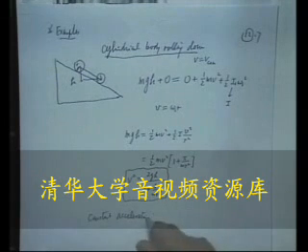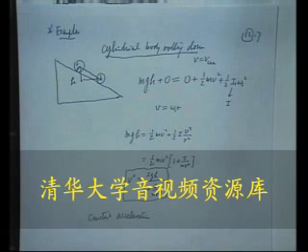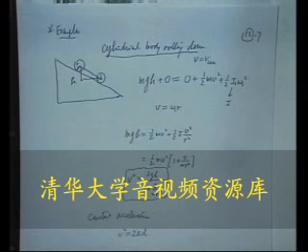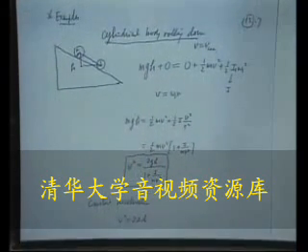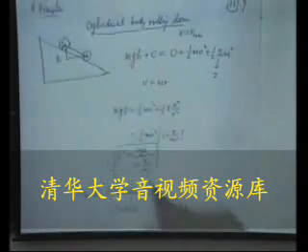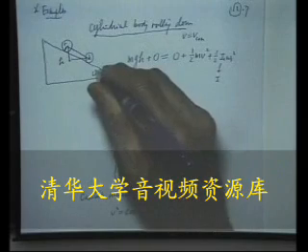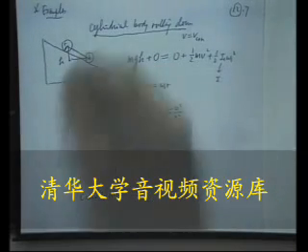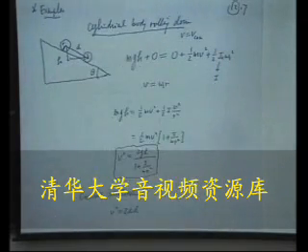For a constant acceleration motion, we have the formula that v squared is equal to 2 times the acceleration times the distance. We have used that repeatedly. Suppose this angle is theta. So this distance is d. So d sine theta is equal to h.